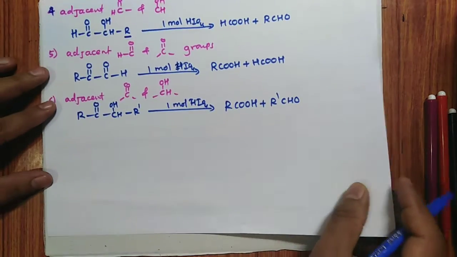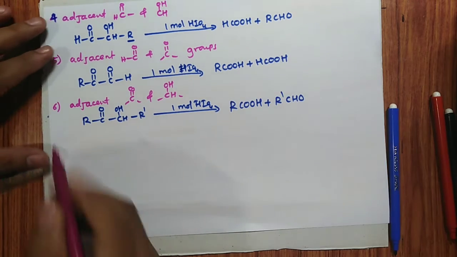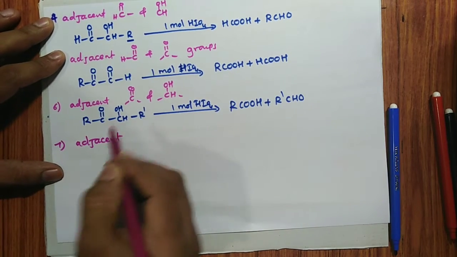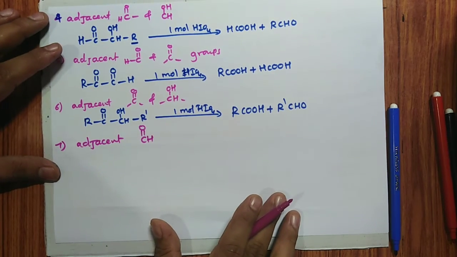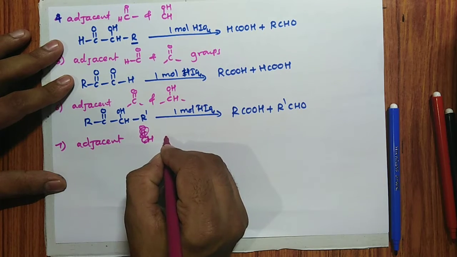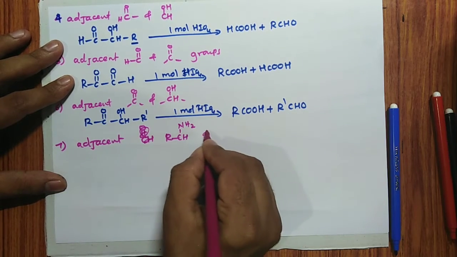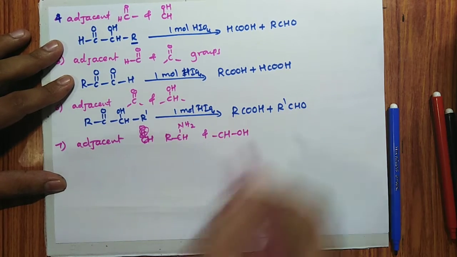Now I am going to give you another very important point in this case. Remember, the 7th one: adjacent RCHNH2 and CHOH group, alcoholic group.